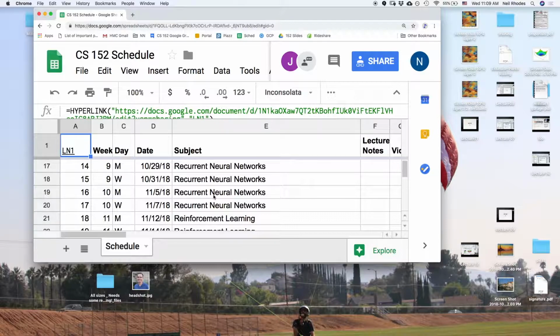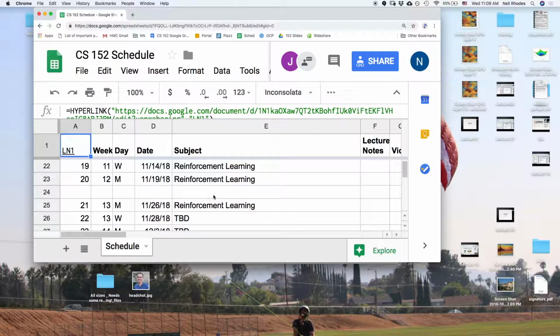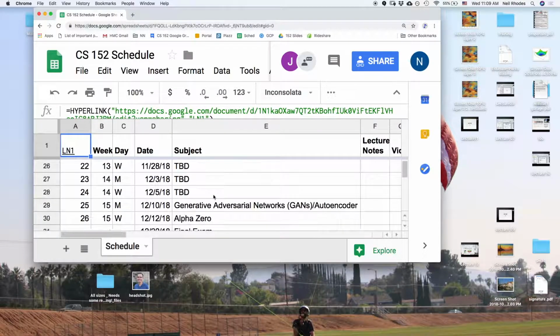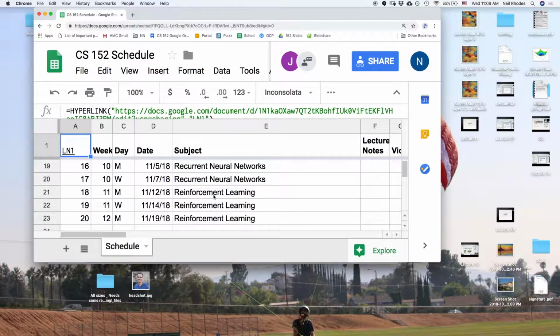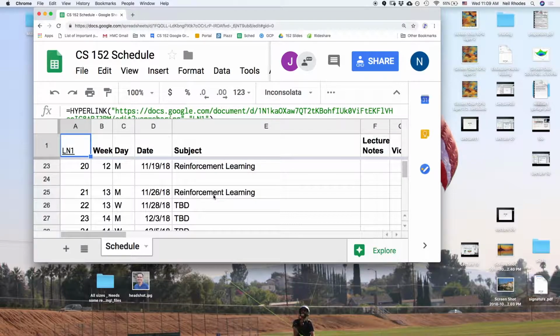It's as rich as convolutional neural networks, although I'd say slightly less far along. We're going to talk about reinforcement learning. We have a couple TBDs. We do have, somehow I lost and I will have to put back in, we have a guest lecturer, a grad student from Northern California, who's going to come down and spend probably half a class talking about his current research in neural nets.